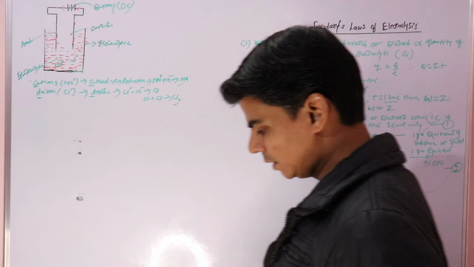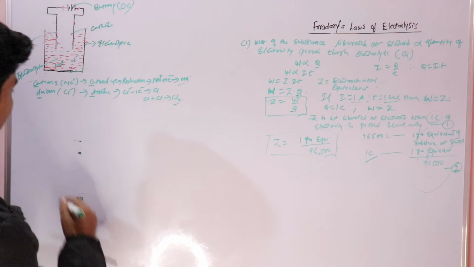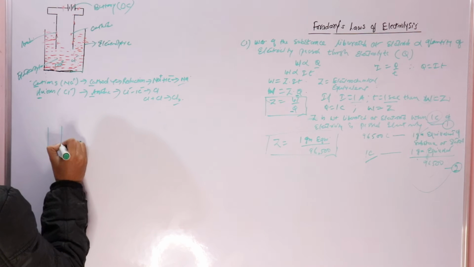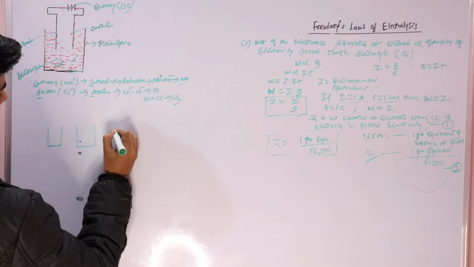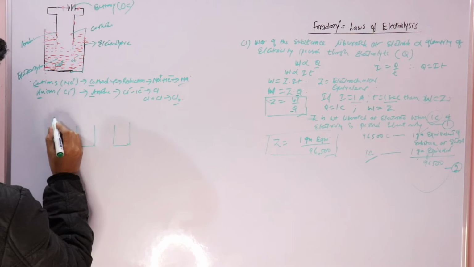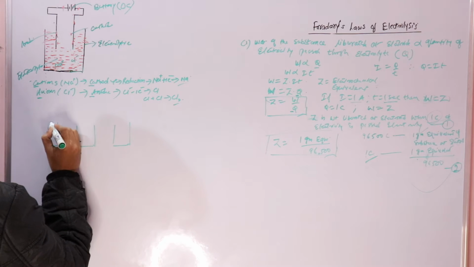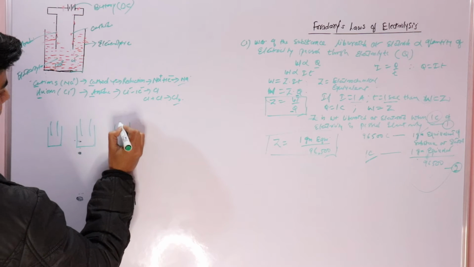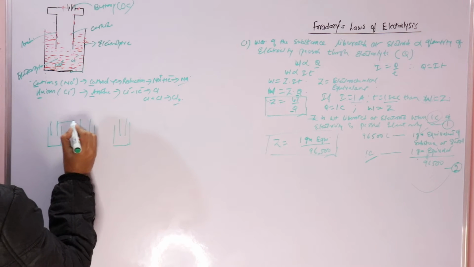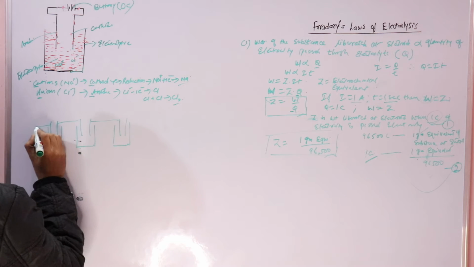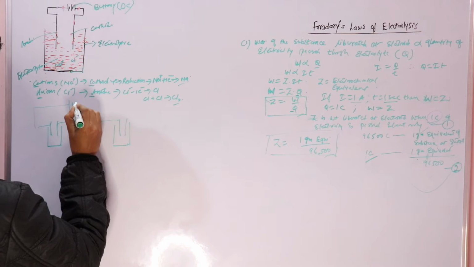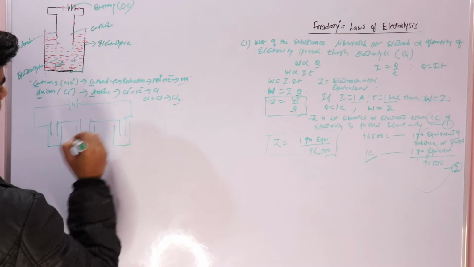I repeat, suppose I take 3 cells like this, and I have electrodes like this in these cells, and all these cells are connected through one common battery.